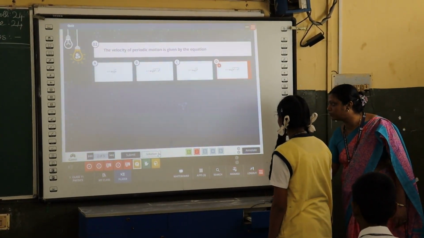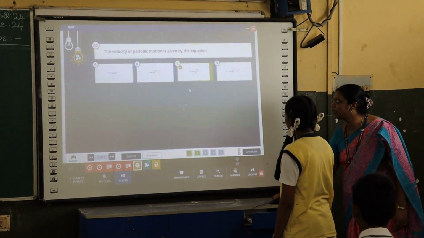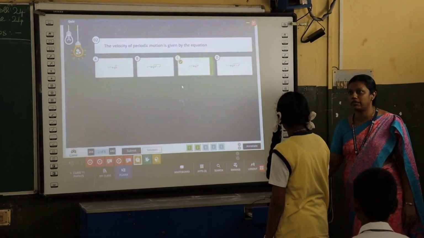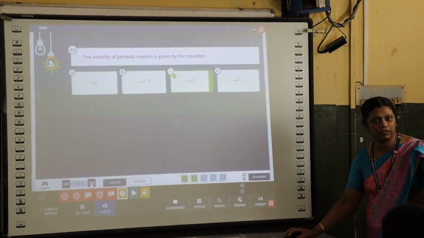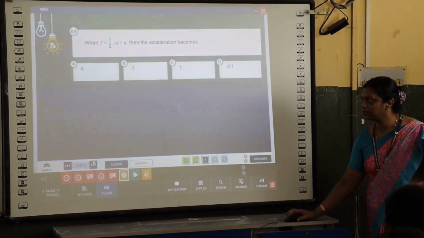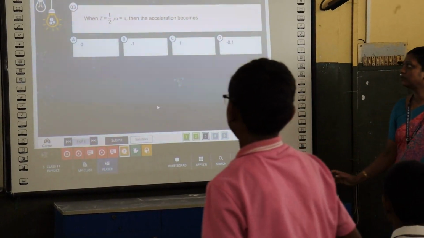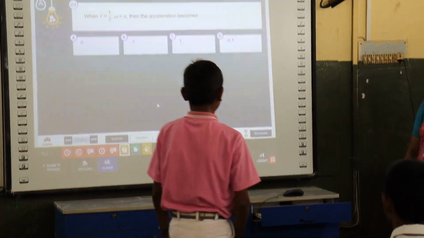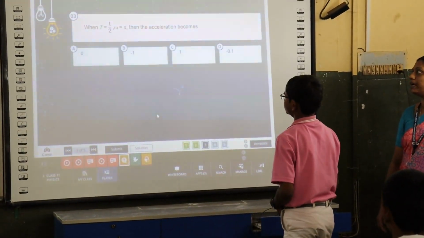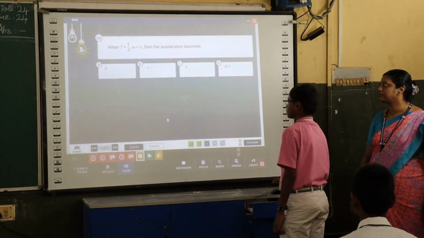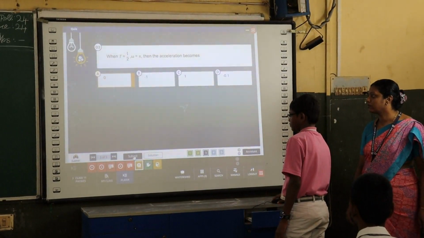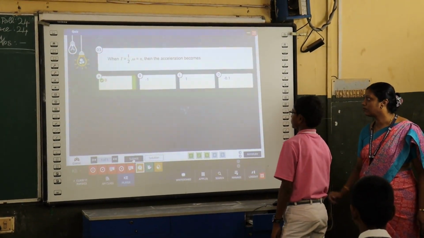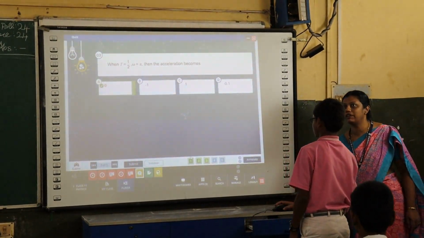The correct answer is omega into root of a squared minus y squared. Next question. When b equal to T by 2, omega equal to pi, then acceleration becomes. Correct. Very good.